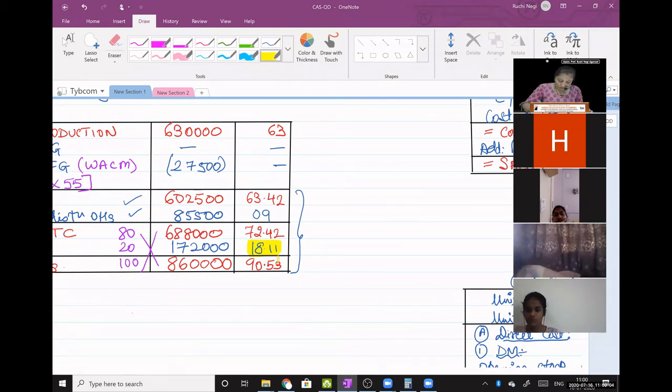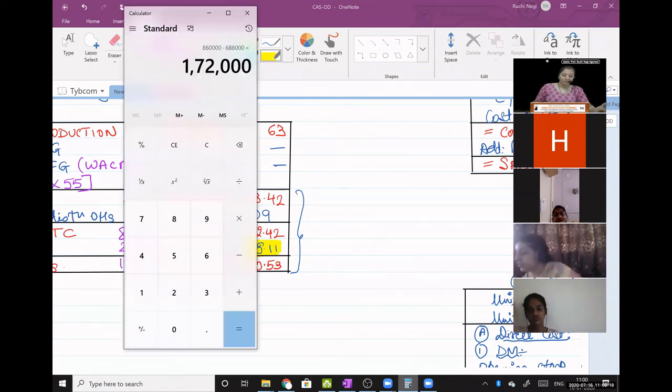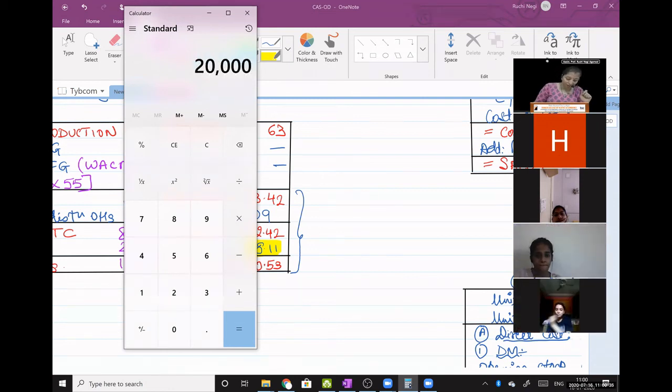You must be thinking that just because of a change in method, only 11 paisa more profit you are earning. But just remember, in practical life, even this 11 paisa counts. Say you are a big manufacturer and you sell around 1 lakh, 2 lakh units every year. 2 lakh units sold multiplied with 11 paisa, 22,000 overall it impacts you.